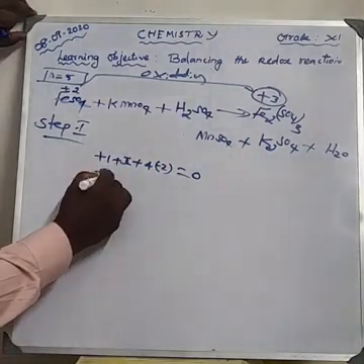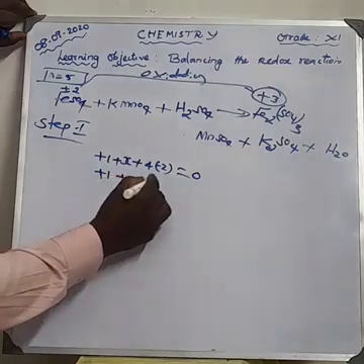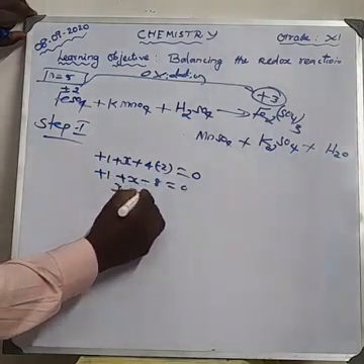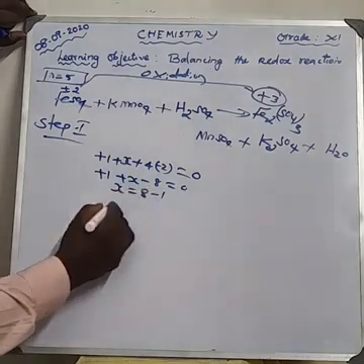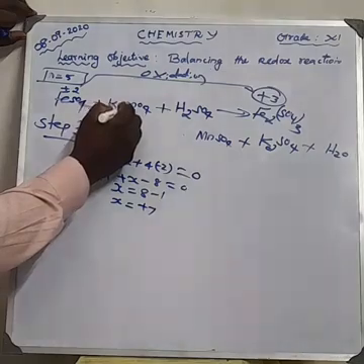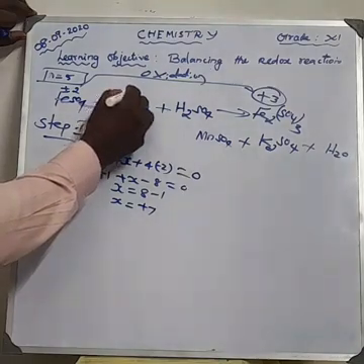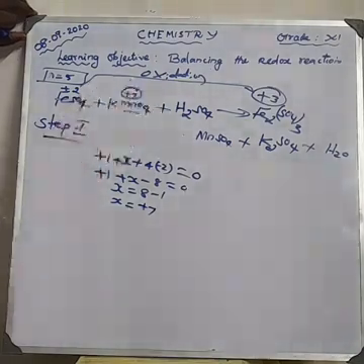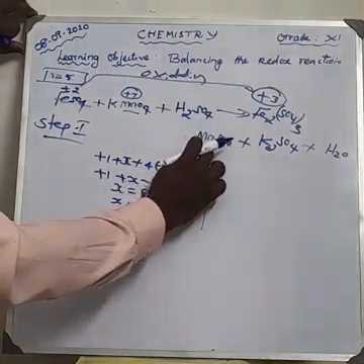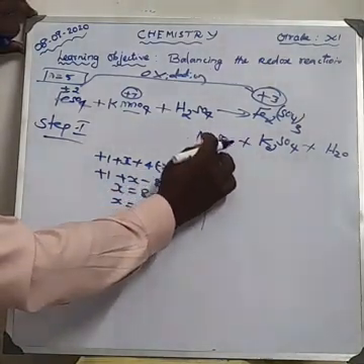Here plus 1 plus x minus 8 equal to 0. x is equal to 8 minus 1, x is equal to plus 7. So the oxidation state of Mn is plus 7. Now we have manganese sulfate.